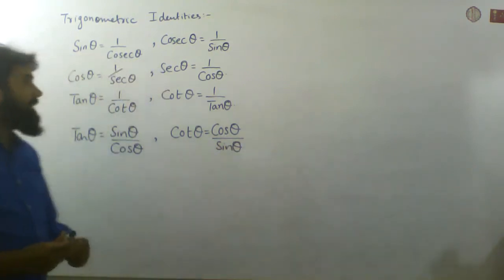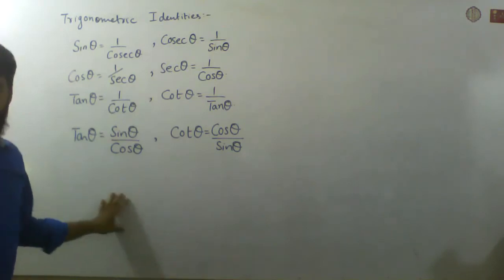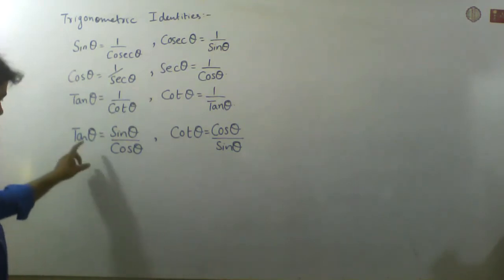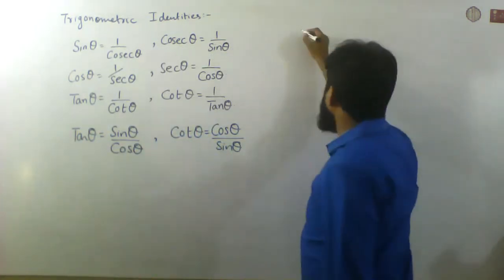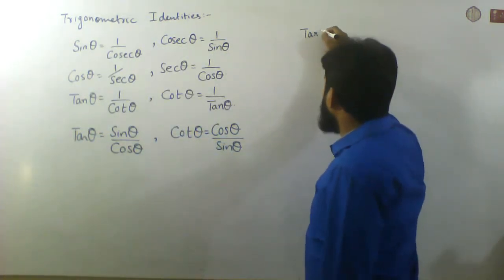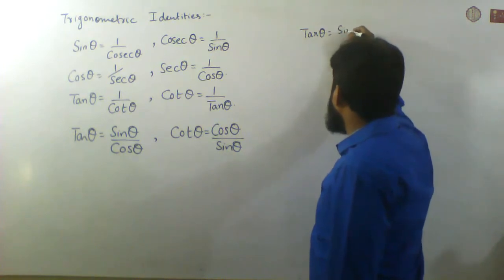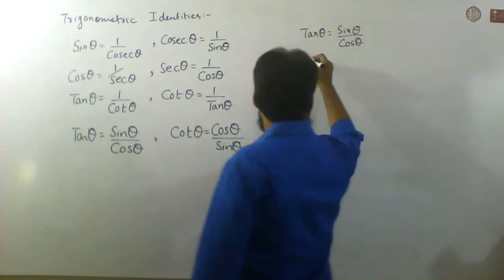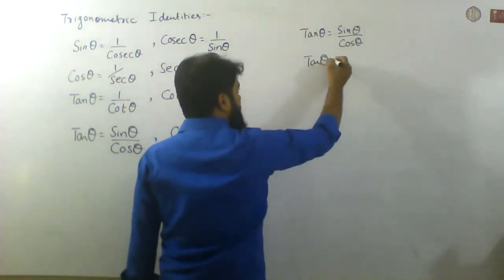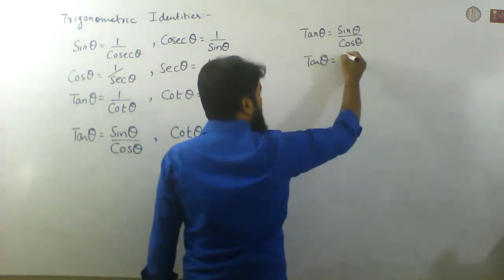How can I say that these things are equal to this? So let me explain this one. Tangent theta equals sine theta over cos theta.